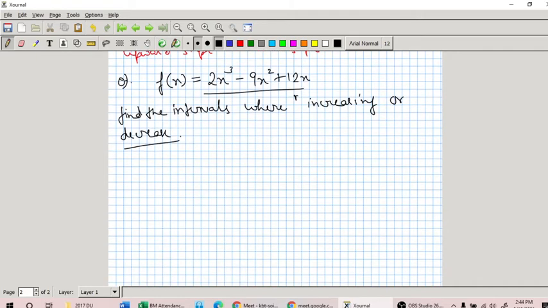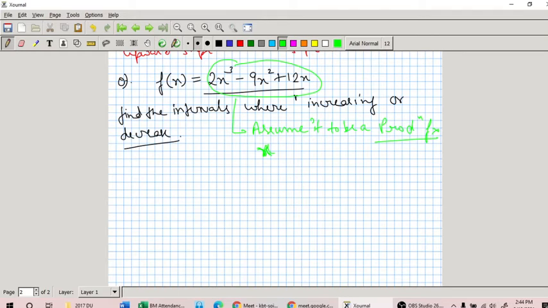So let us assume that this particular function is a production function. Now the producer is interested in knowing the value of x, be it an input quantity, be it cost, or be it any variable which is impacting your production.